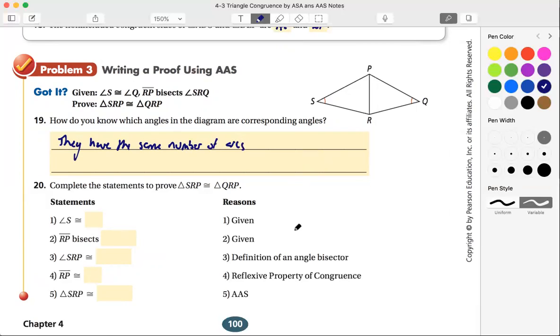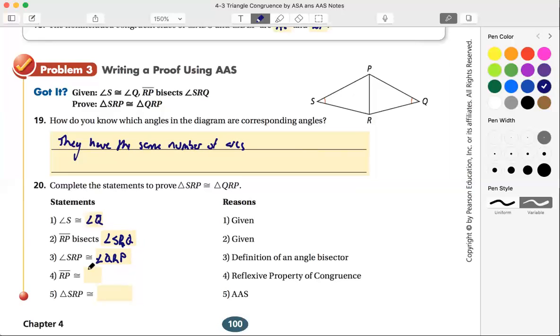Okay, so let's complete this proof here. We know from the given angle S is congruent to angle Q. We know RP bisects angle SRQ. So if that is true, then angle SRP must be congruent to angle QRP, definition of an angle bisector.